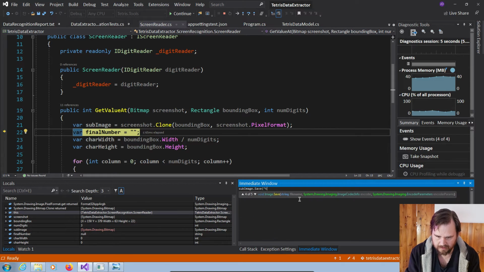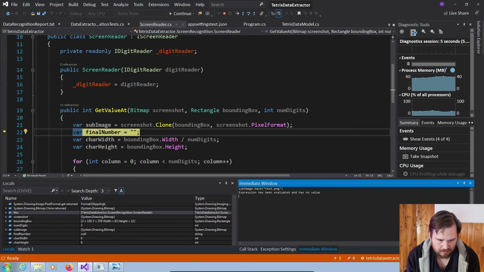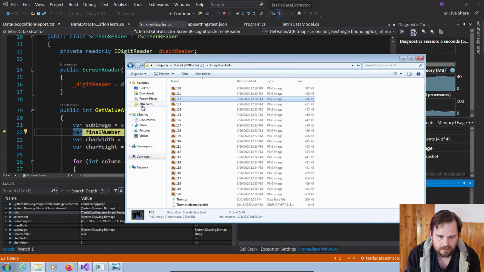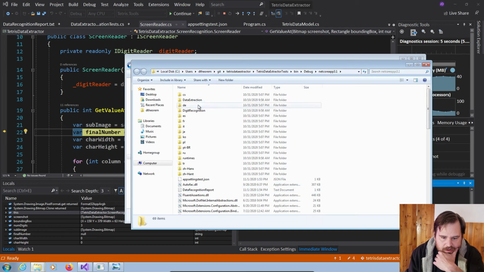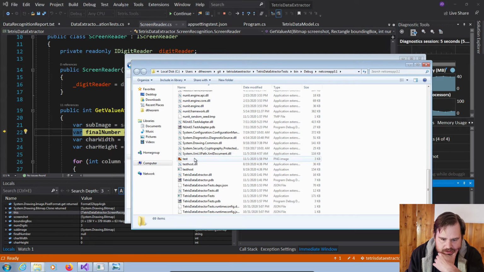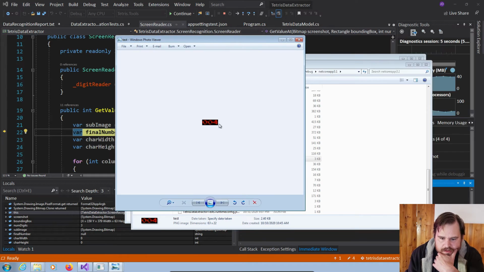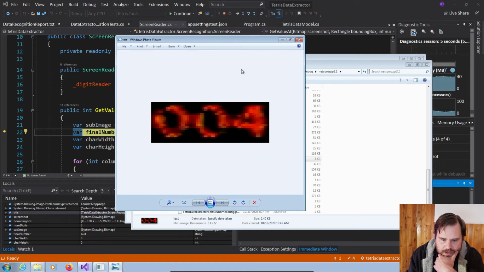Let's save test. G. Enter. Good. All right, we'll go back. Actually, let's open up a new window here. Test. So this is what we're looking at. It looks pretty good.